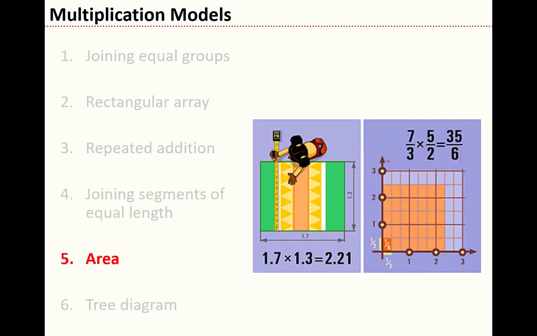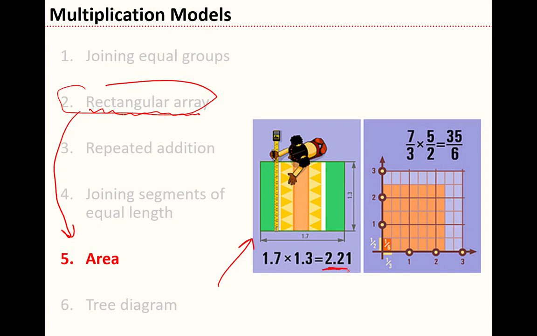Area. Area to me is maybe the most fascinating multiplication model. It is the generalization of the rectangular array into the continuous. And with a rectangular array, it is very easy to believe that multiplication is appropriate. But what about a situation like this, where there's a rug that is 1.7 meters long and 1.3 meters wide?